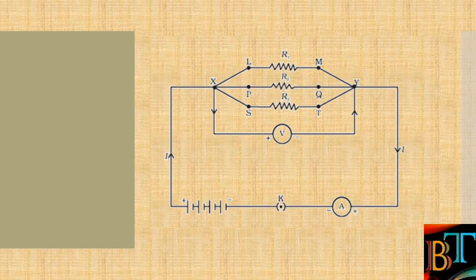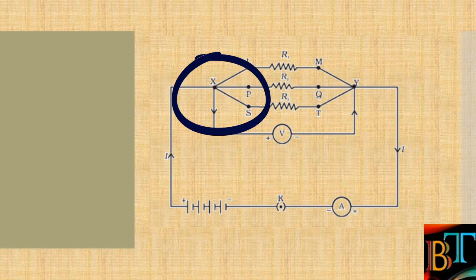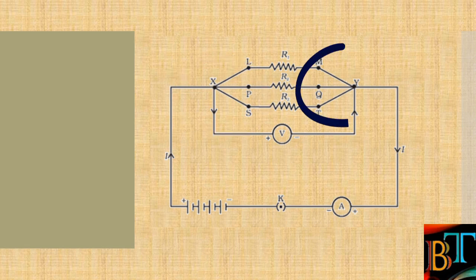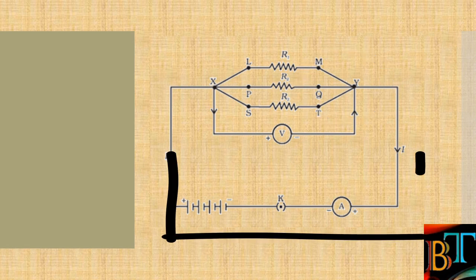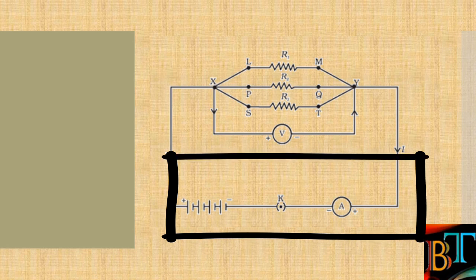Now, the combination of resistors in parallel. In parallel connection, one end of each resistor is connected at one point and the other end of each resistor is connected at the other point. The battery along with a key is connected between these two points.